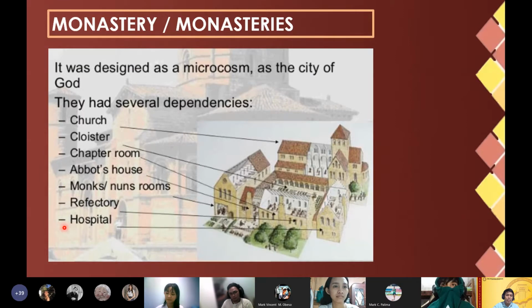So it's actually a complete complex of buildings, murag naatanan nga mga buildings to house all the needs of the kaniyang mga kaning mga pare, sa mga priest, also sa kanang mga bishops. So most of these monastery or monasteries happens or was created during the Romanesque architecture.